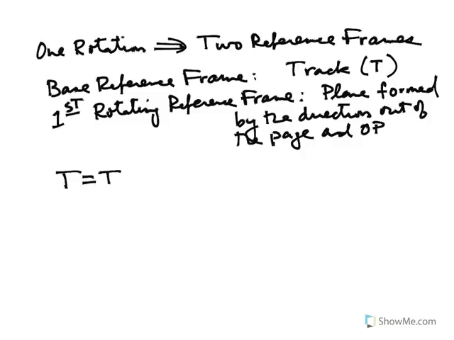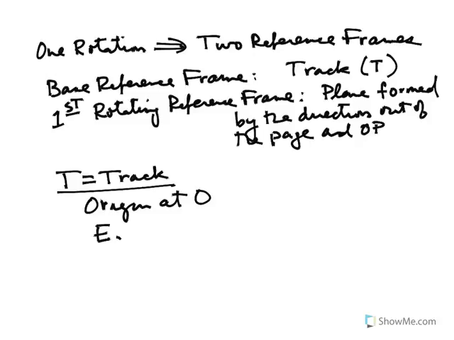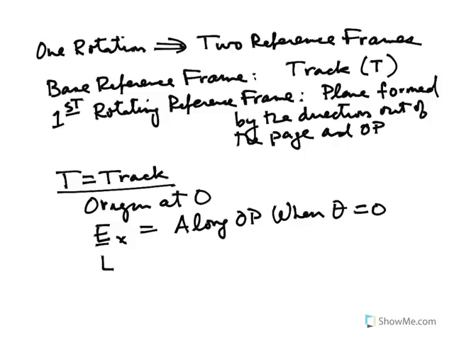So now let's start. T is equal to the track. I'm going to define the origin to be at O. I'm going to put EX along OP when theta equals 0.